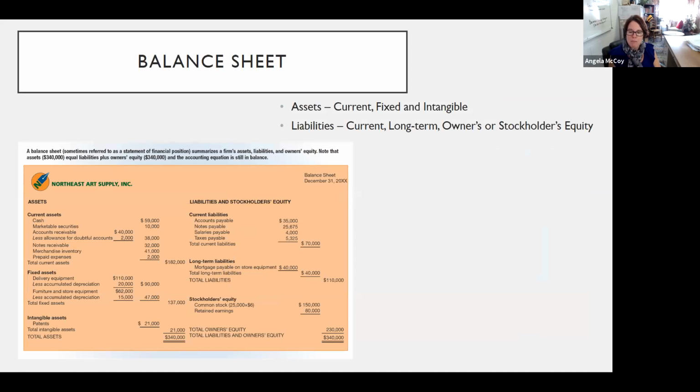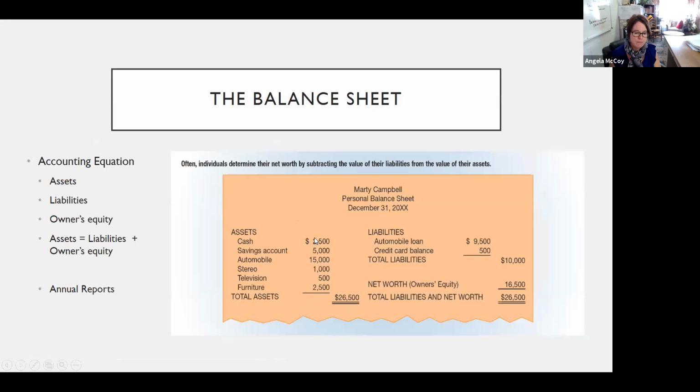Most people think of a balance sheet as a statement that reports the financial conditions of a business firm, but balance sheets apply to individuals too. Figure 15.5, which was on the last page that we were on, actually shows Marty Campbell's current personal balance sheet. So this is a balance sheet for a particular individual.